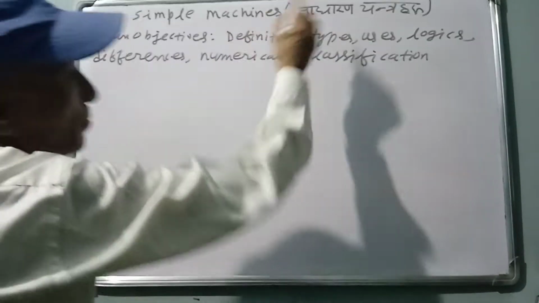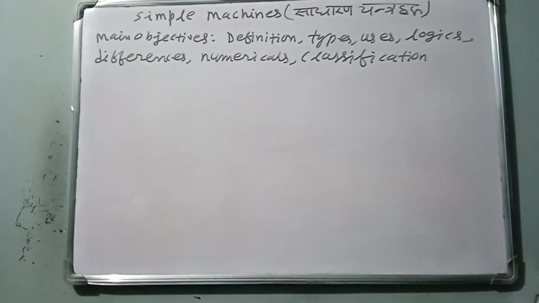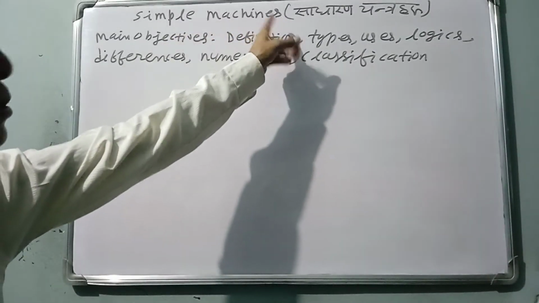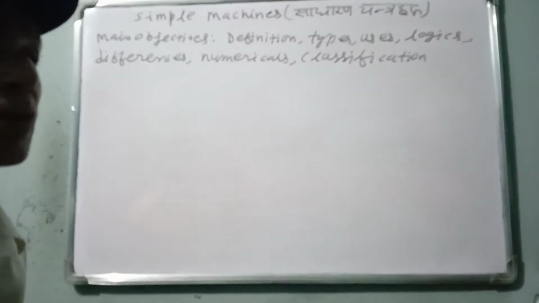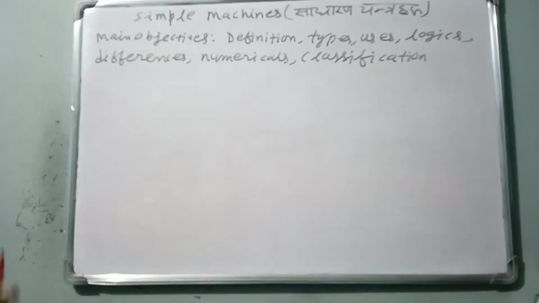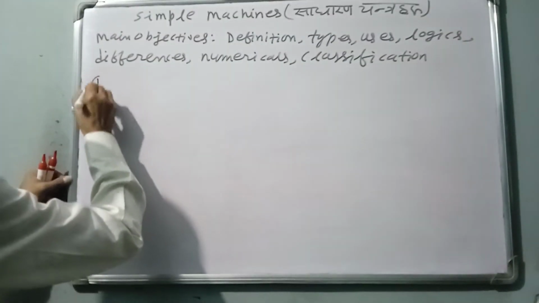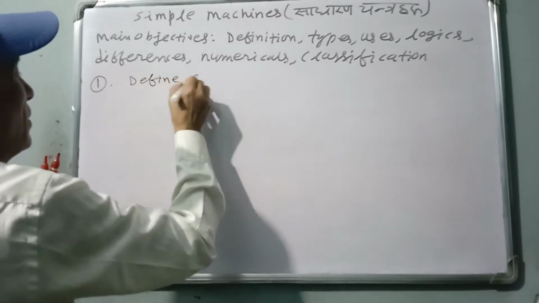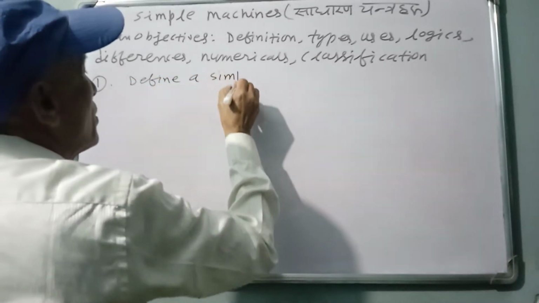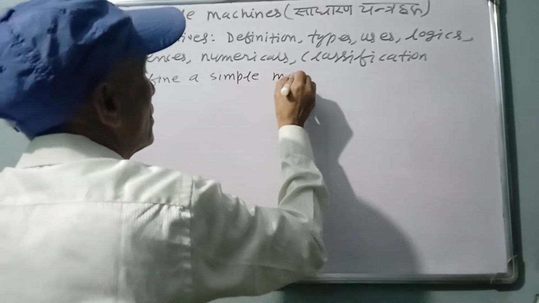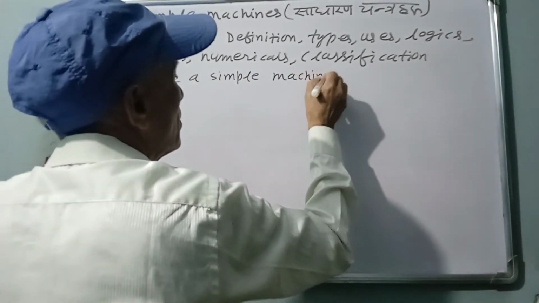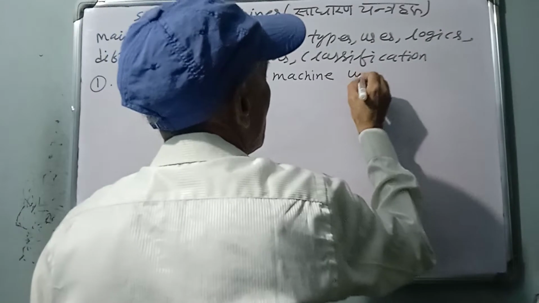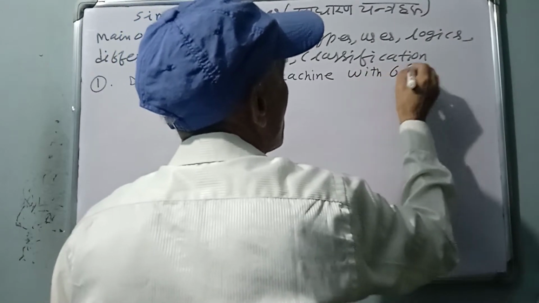As the lesson implies, simple machines, sadharan yantra, they are actually simple in structure, so they are called simple machines. Question number 1: define a simple machine with 6 types.